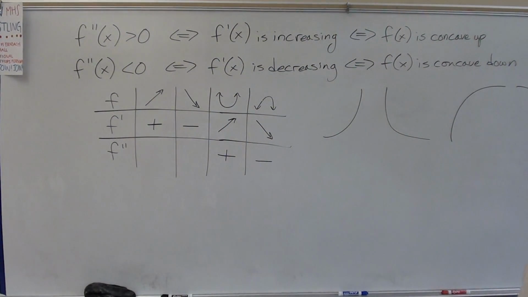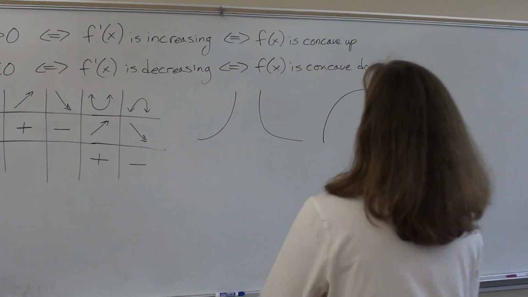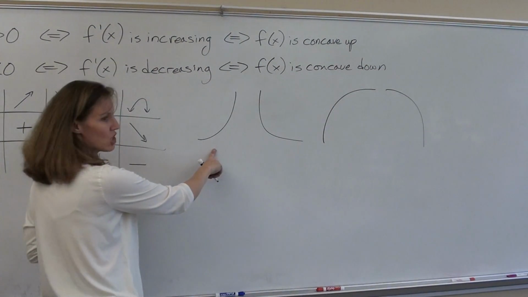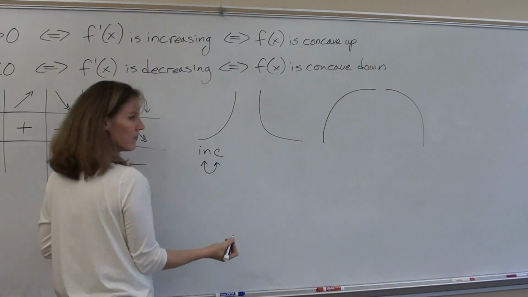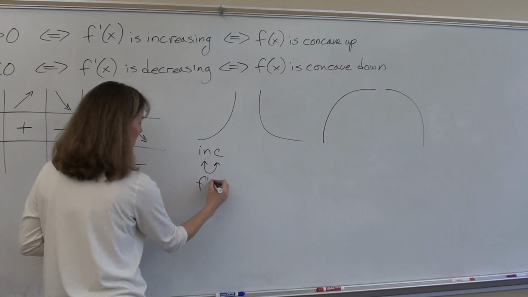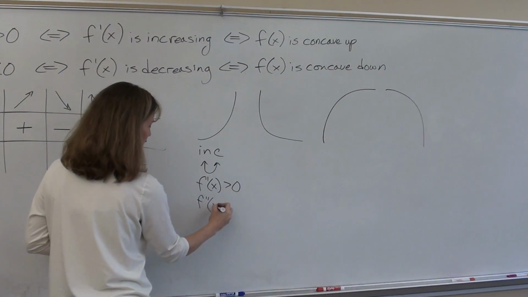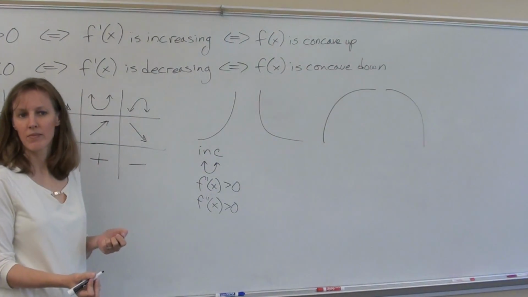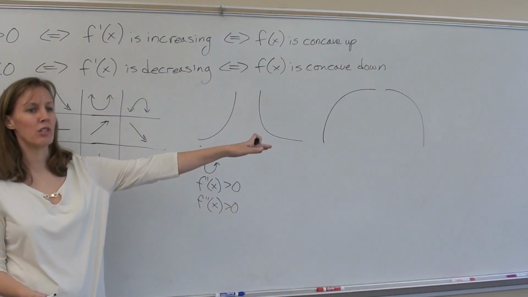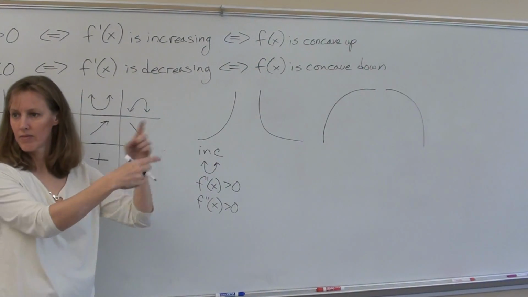Now, quick pictures. Okay, 4 quick pictures. This function is increasing and concave up, which means f prime is positive and f double prime is positive, right? Every single curve in the world is one of these 4 things all connected.